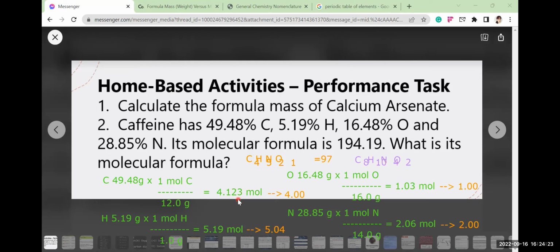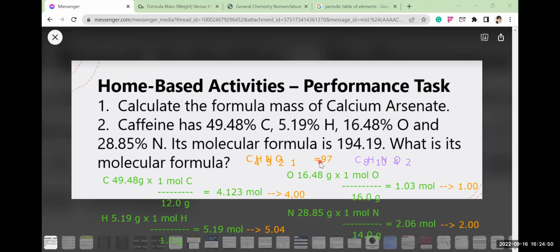Okay, mali. I-divide siya sa lowest na molar mass. Very good. So, nakuha natin yung mga numbers. Ito yung number nung bawat element na present. So, nakuha na natin C4H5N2O1.